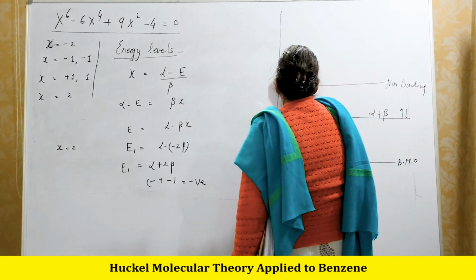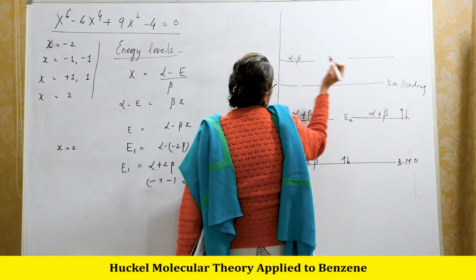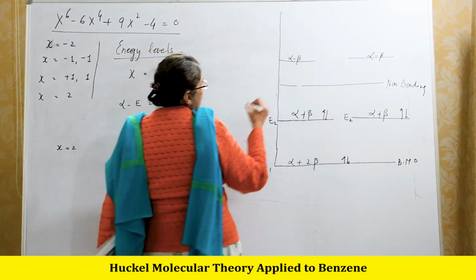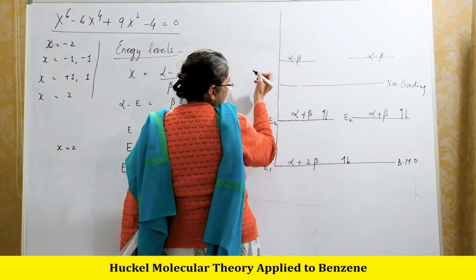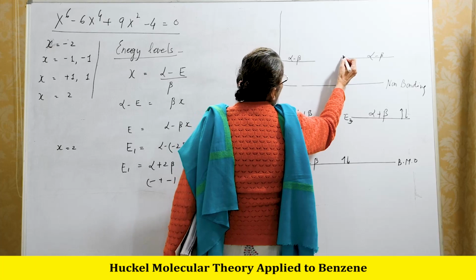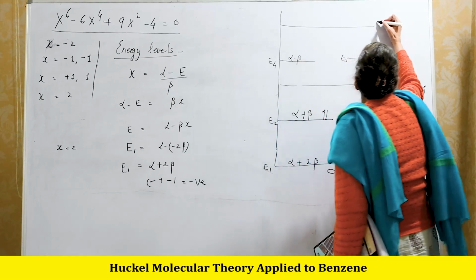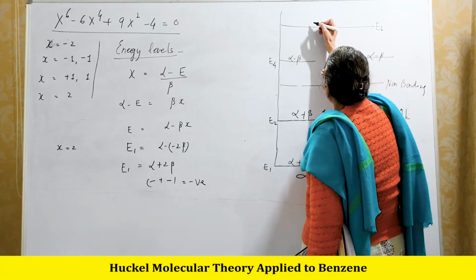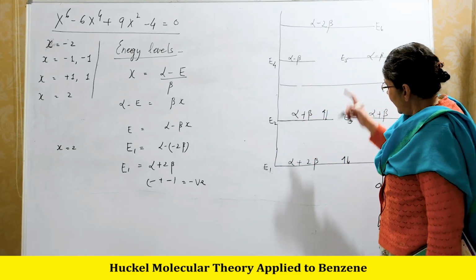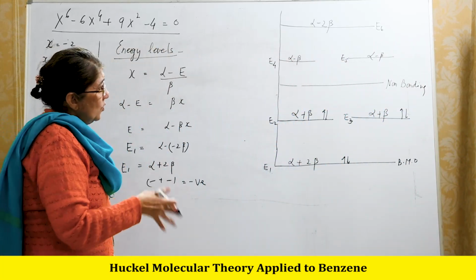And this is again alpha minus beta, again the case of degeneracy, alpha minus beta. This is empty, and this is E2, E3, E4, E5, and this is E6, and this is alpha minus beta. So in this way we get the energy levels. All the energy levels I have calculated in my video, you can see.